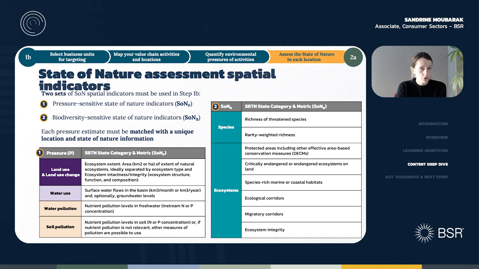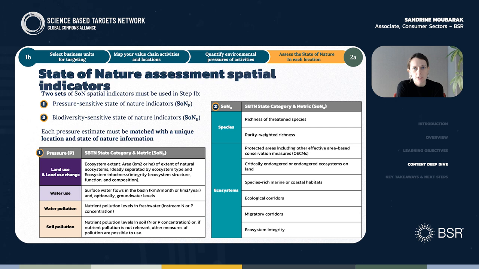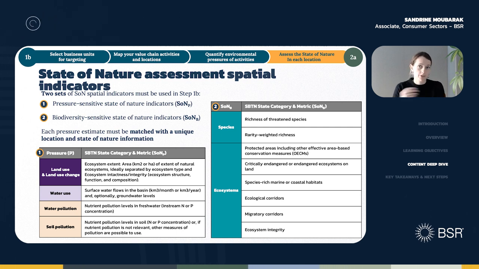Note that for Step 1 and 2 within V1.1 methods, you can consult a non-exhaustive list, including species endemism, species extinction risk, ecosystem integrity or condition, ecosystem connectivity, among others.